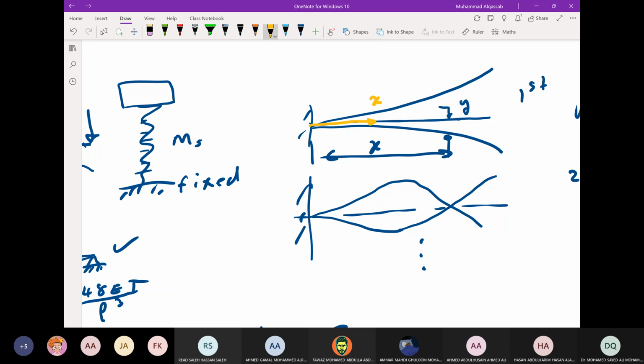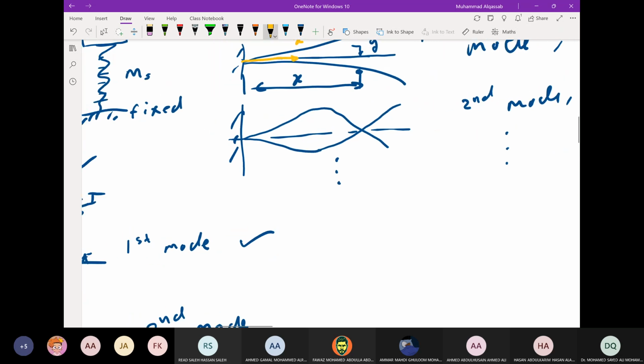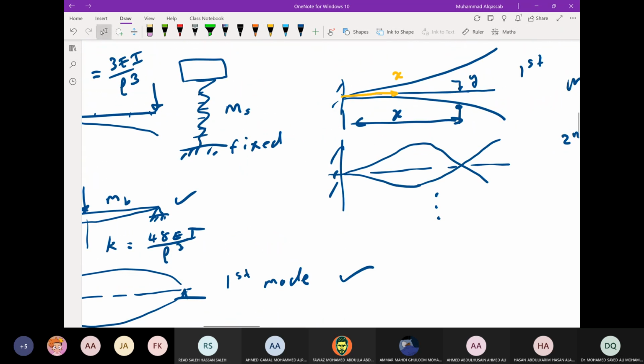The same thing for the spring: the deflection of the spring is measured along y, from the fixed point. Here we use x along the beam, and here we use y along the spring.